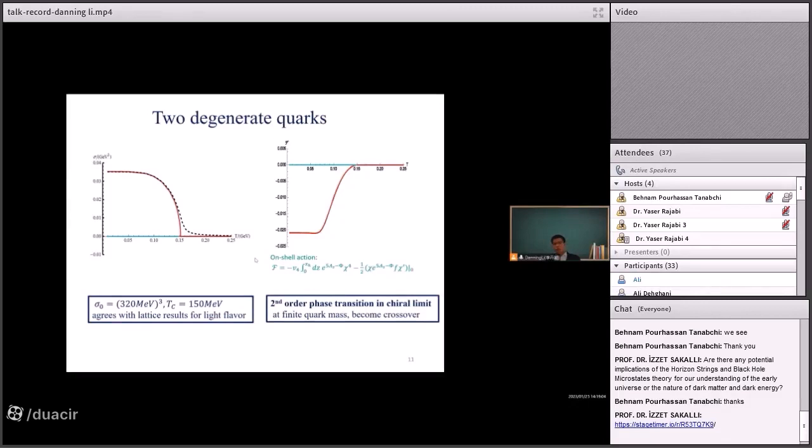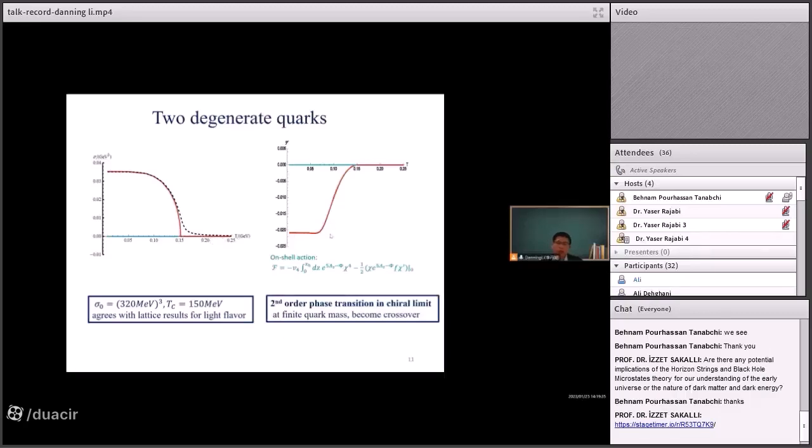For two degenerate quarks, that's when the strange quark mass is infinite, we only have two degenerate light quarks, and we can solve for the chiral condensate. In the chiral limit, it's like this red curve. We can see that at low temperature it is finite, and when it goes to high temperature, it turns to 0.